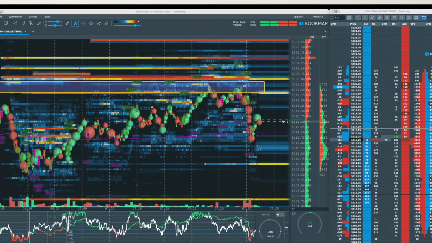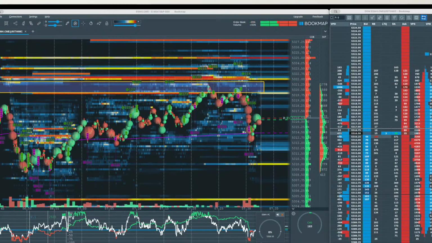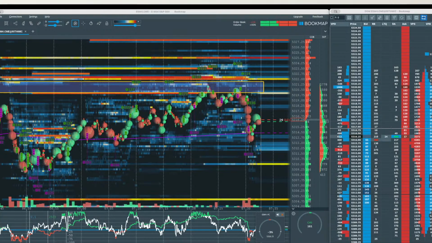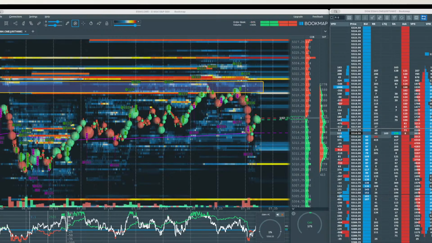I'm risking 3 points for about 17 points. It's a little over 5 to 1. So it needs to break this 53.13 zone.